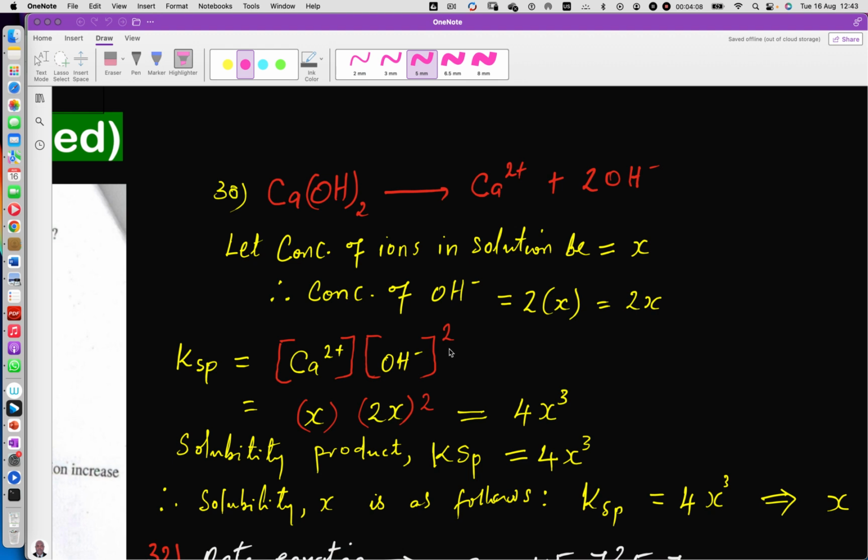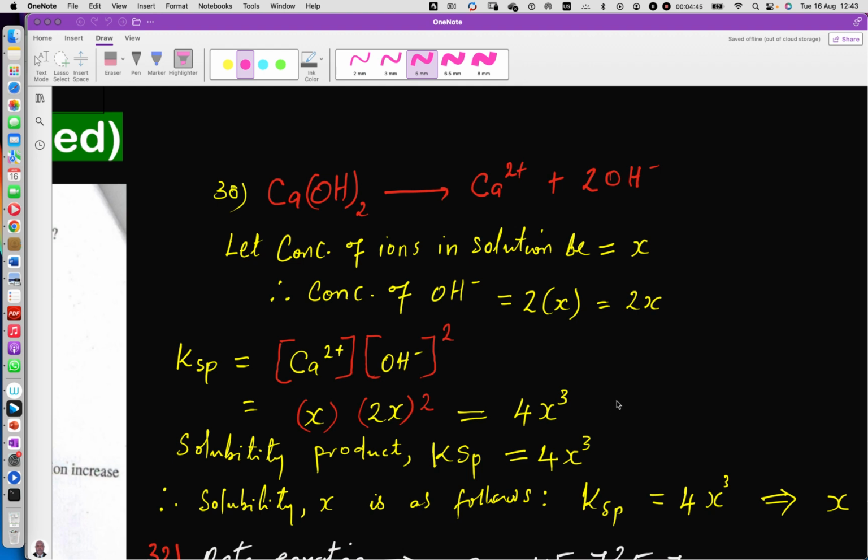But remember that the concentration of the OH ion is 2X. So substituting this value here, the concentration of calcium ion is X, and the concentration of OH ion will be equal to 2X squared. If we calculate all this, it will be 4X squared. So KSP, the solubility product expression, will be equal to 4X cubed.